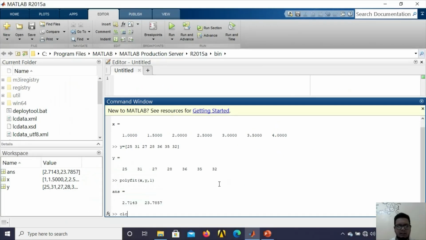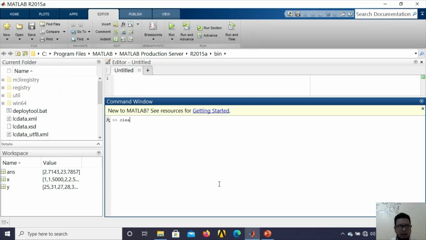Now let's see how to use polyfit to fit an exponential curve to our experimental data. The starting steps are the same: define your independent variable, then your dependent variable, then use the polyfit function. The values of x were 1, 3, 4, 6, 9 and 15.